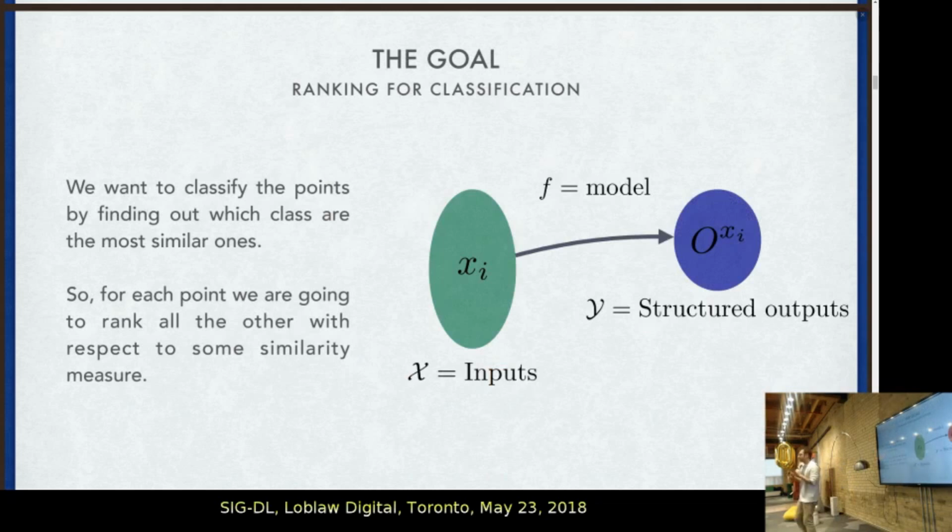So here is my goal. I want to find a way of classifying the inputs, but when I give an input, I don't want just to obtain the most similar class to this input. I want to rank every single possibility for all the other inputs.